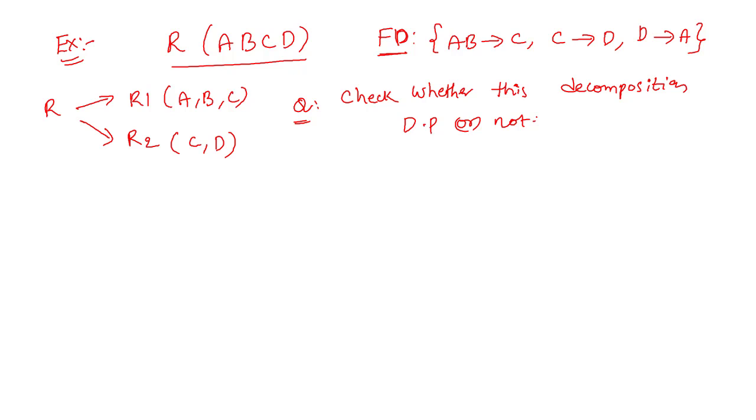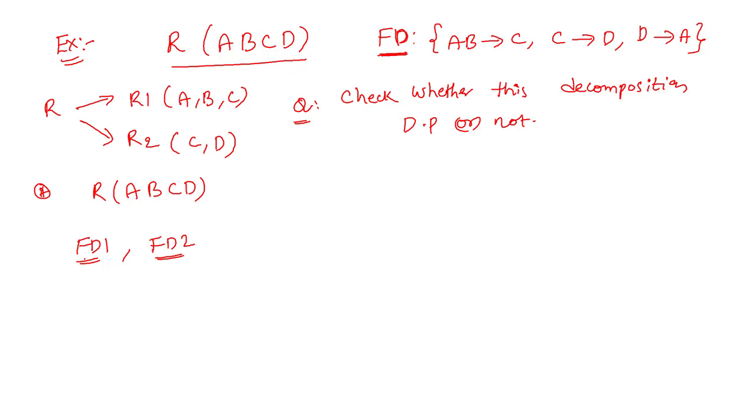Now, let us take the solution here. We know A, B, C, D are the attributes for R, and we have the functional dependencies FD here. You have to find the functional dependencies FD1 and the functional dependencies FD2.